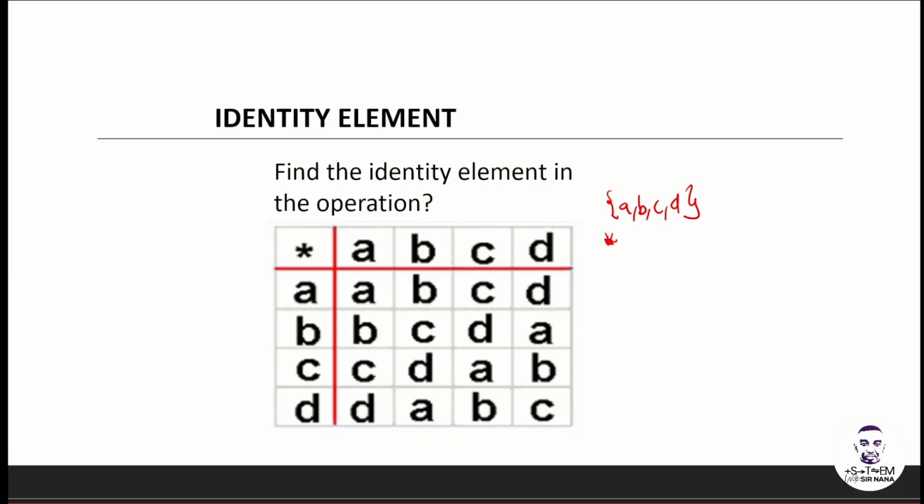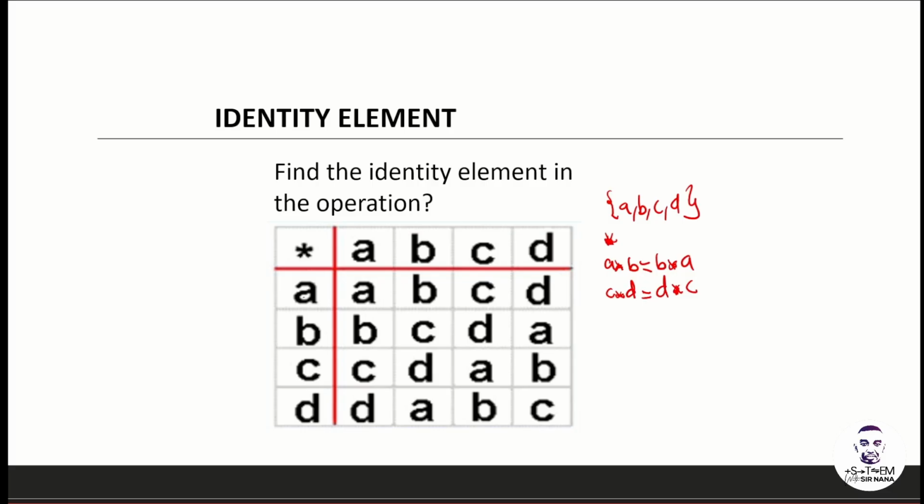Now, remember that we said that for identity element to occur, the operation must be commutative. So for instance, if I have A operation B, is it the same as B operation A? If I have C operation D, is it the same as D operation C? Now let's inspect these quickly.